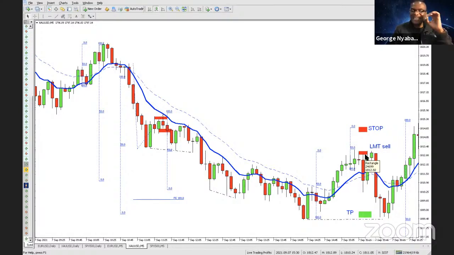Even if there is an attempt to break above that, the bears will resist that. The bulls might try and break out, but the bears will resist that. Otherwise, I would be wrong to be one of those 60-40 trades that I'm taking, because I'm looking to trade with the trend. So put the limit order there.